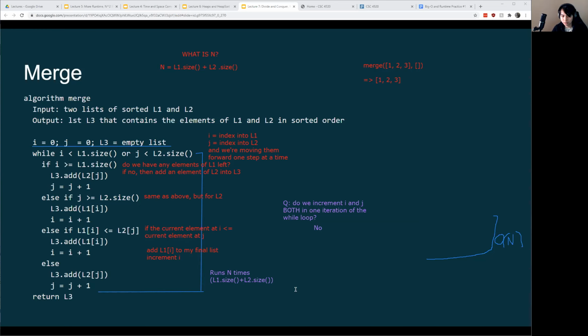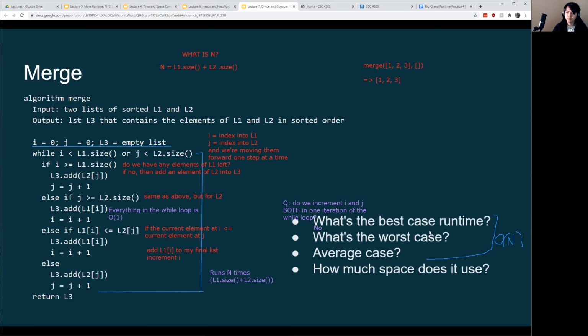It runs roughly n times in this case, which means that if everything in the while loop is constant work, O of 1, right? Which is true. And we run n times. That means the overall runtime better be O of n.